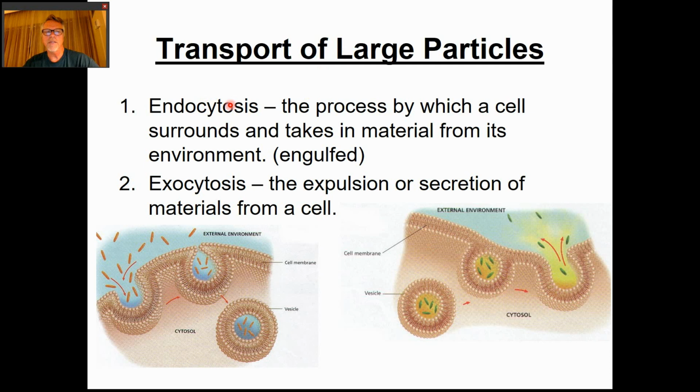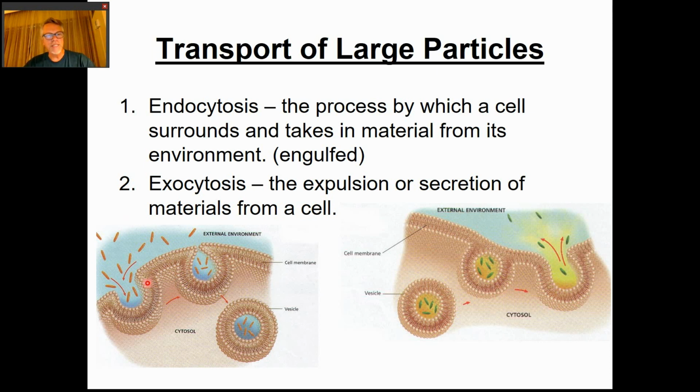There are two processes. One is called endocytosis. One is called exocytosis. Endo means in. Exo means out. So endocytosis is the process for a cell to get something inside itself, engulfing something. And exocytosis is the opposite, to spit out or to excrete something from the inside of the cell out. So here are our two diagrams.